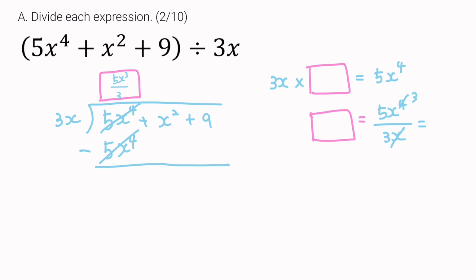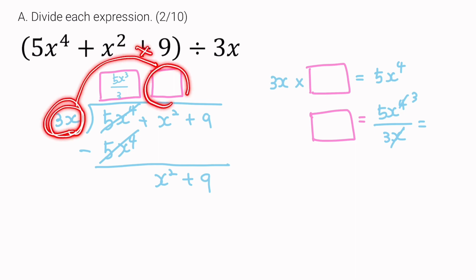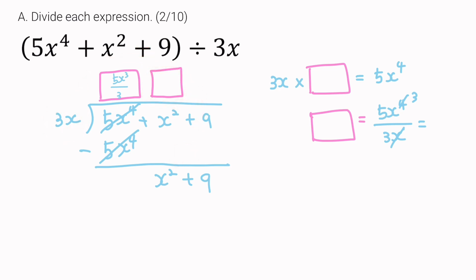Now I am left with x squared plus 9, and I'm going to have to come up with another expression that when multiplied with our divisor of 3x gives me x squared. So this is not a simple question. 3x times this number should equal x squared.